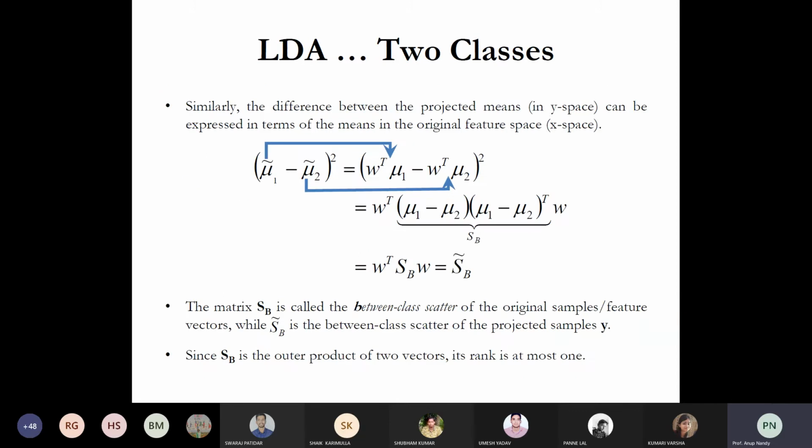Similarly, the difference between the projected means in Y space can be expressed in terms of the means in the original feature space.